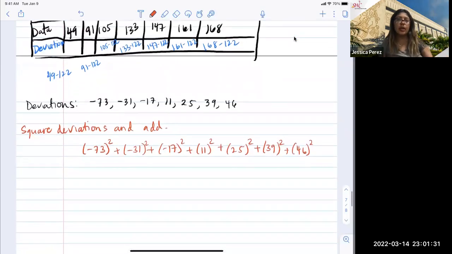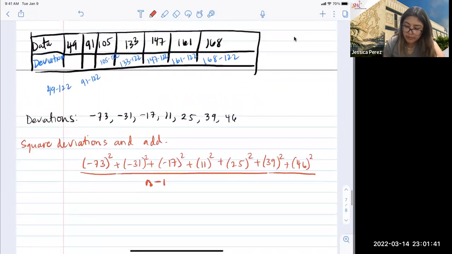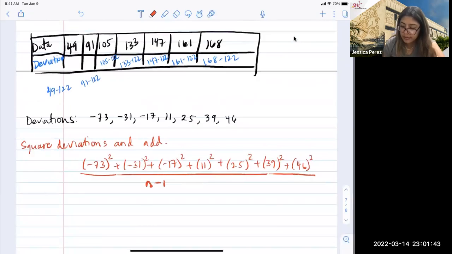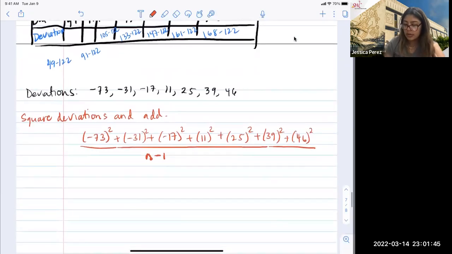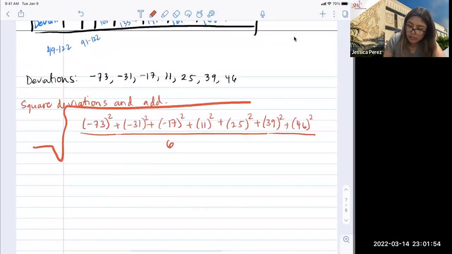Then you're going to be dividing it by n minus 1. Remember that n is the number of your data, 1, 2, 3, 4, 5, 6, 7. 7 minus 1. So you're going to take that number and divide it by 6. Then you're going to be taking the square root of this number.